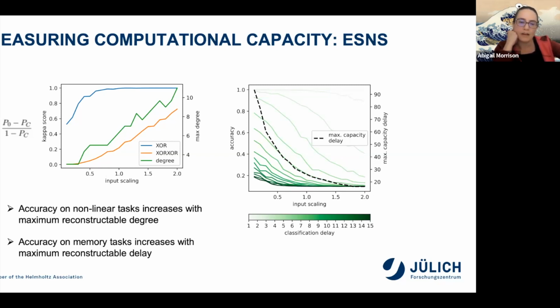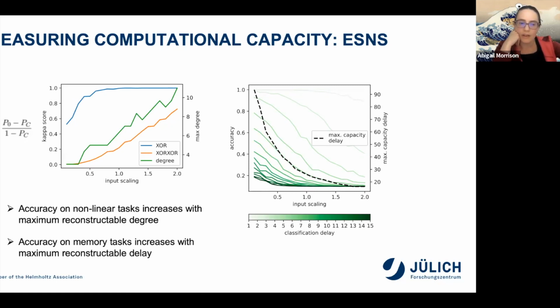As we increase the parameter iota, we can see that the XOR is pretty easy, so most of the network can manage that. The nested XOR is more complicated, and as the maximum degree of the network rises, so rises the ability of the network to calculate this function accurately.